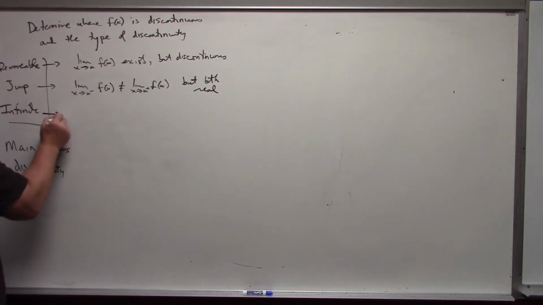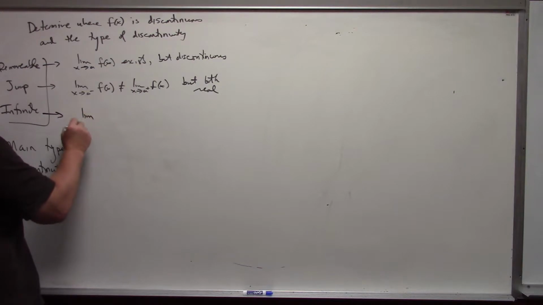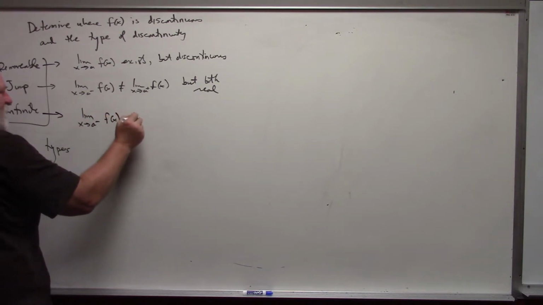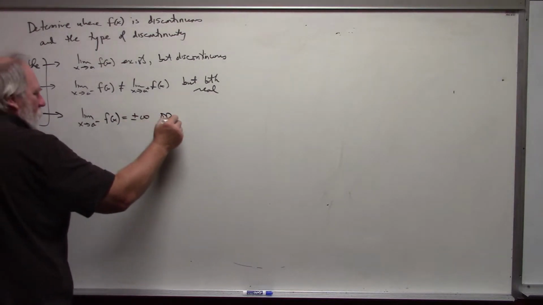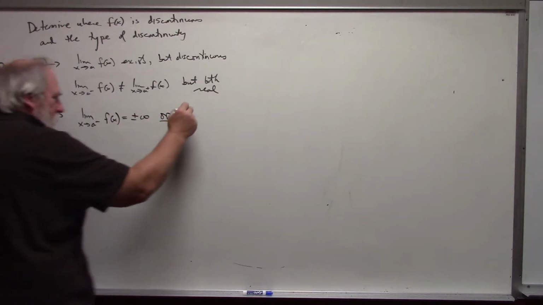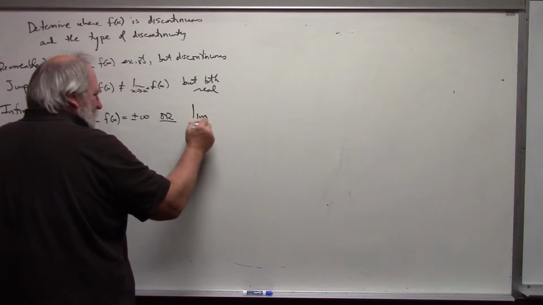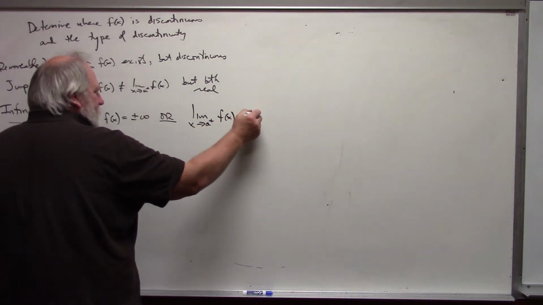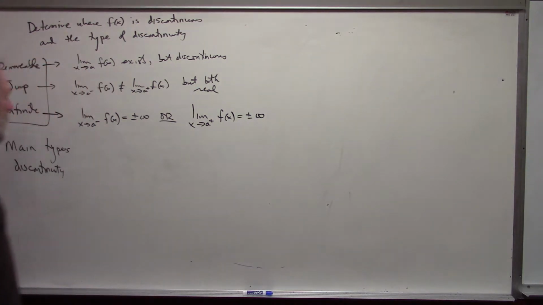And infinite: the limit as x approaches a from the left is some kind of infinity, or the limit as x approaches a from the right is infinite. Those are how we determine which type of discontinuity we have.